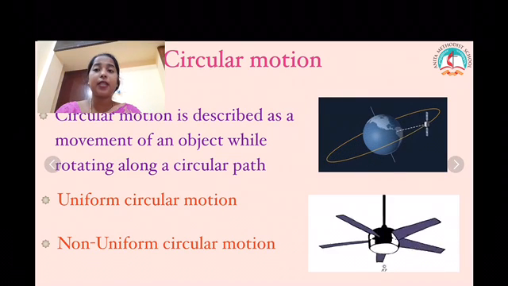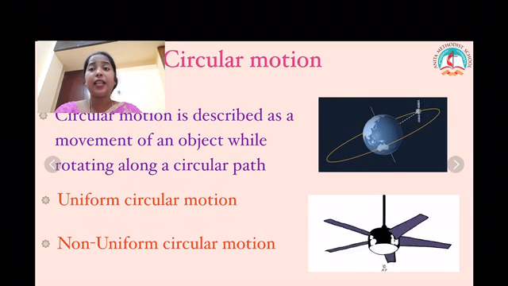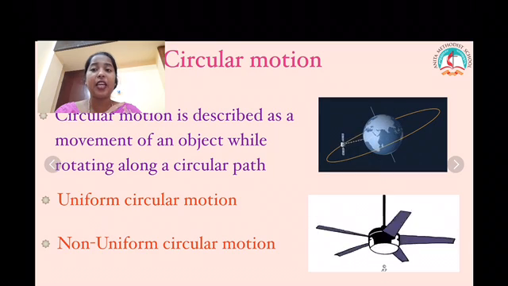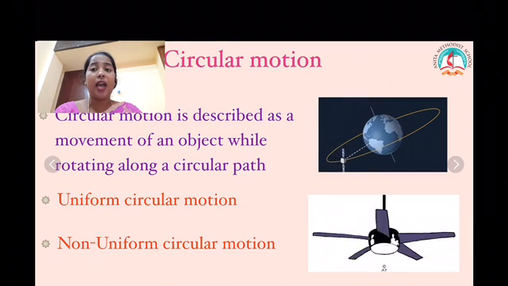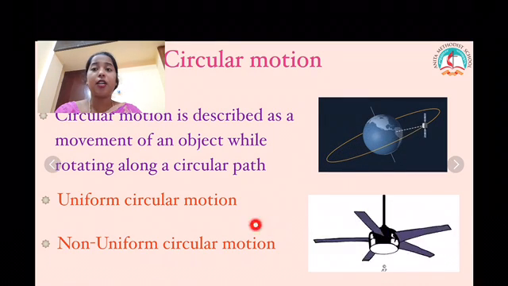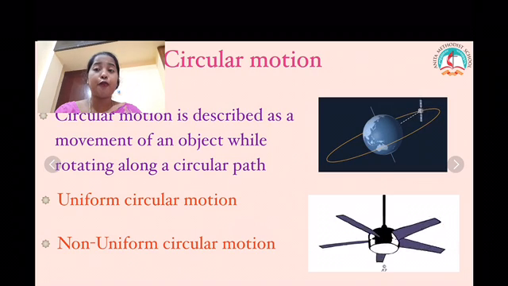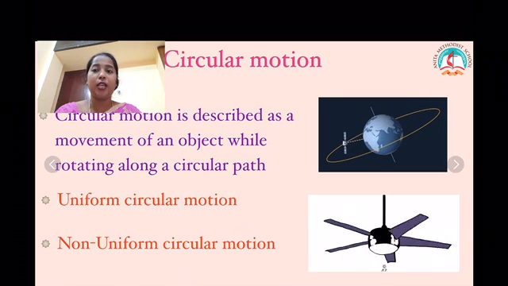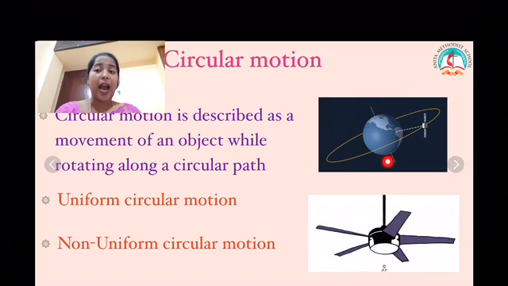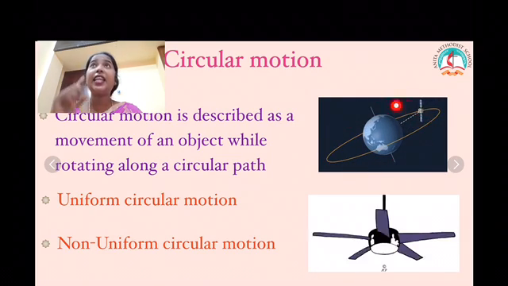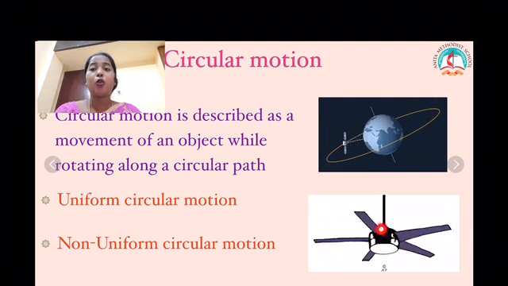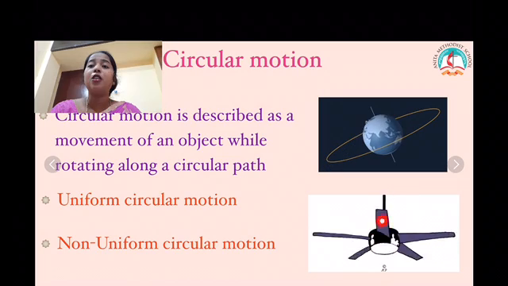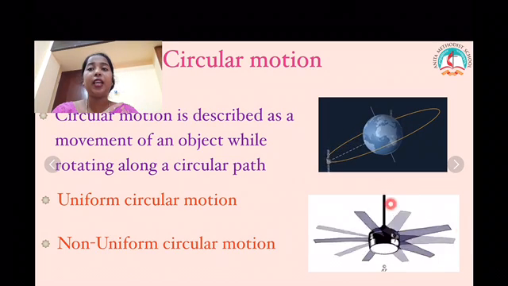During uniform circular motion, the angular rate of rotation and speed are constant, while in non-uniform circular motion, the rate of rotation keeps changing. For example, an artificial satellite orbiting the Earth, and the blades of a ceiling fan rotating around the hub. These are examples of circular motion.